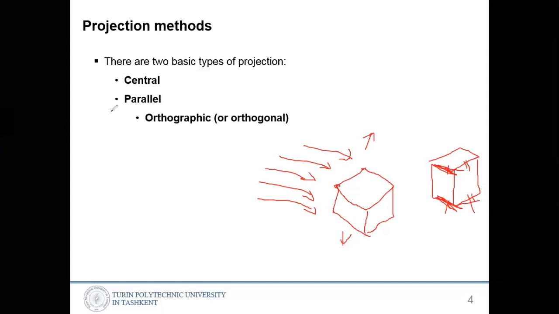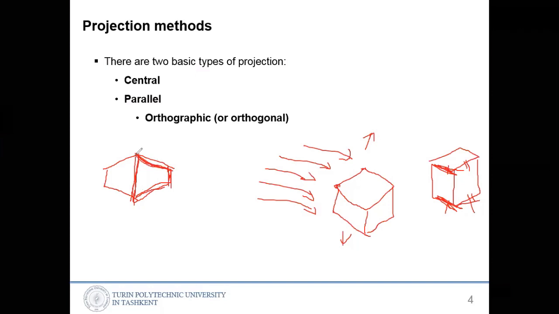But if you see with central projection, you will see something like this. This edge will be bigger, and the side edges will be smaller because they are far from us, because we are looking from one point.